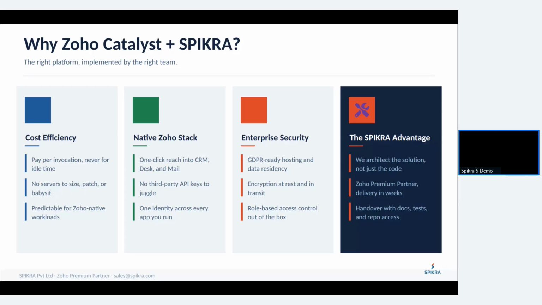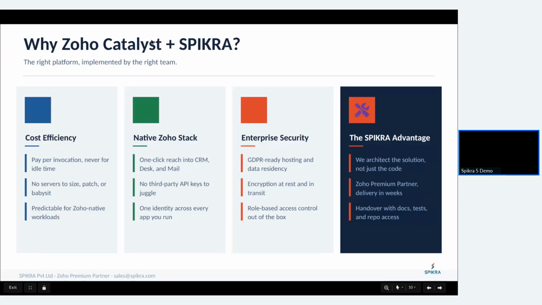Whenever you come with your problem, we will be able to give the solution to you in a very short span of time, as we have multiple years of experience using Zoho Catalyst. And we give all the documentation, we share all the test results and repo access to you. So you will have full control. Suppose you want to do some development by yourself, you can do that as well.